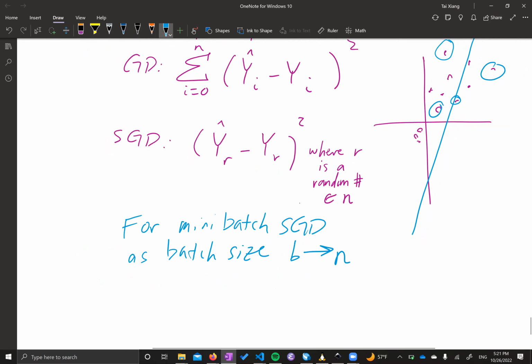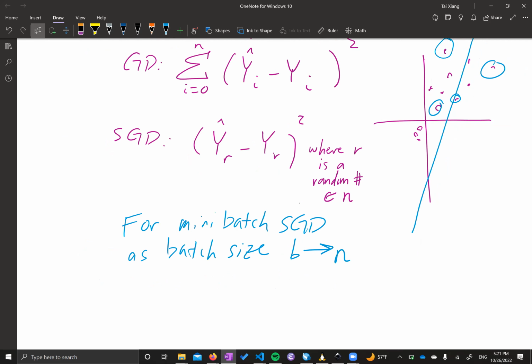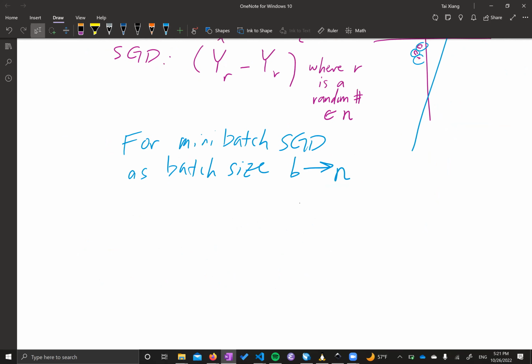Because as our batch size approaches N, we end up looking at all of the data points. So for mini batch SGD, as batch size B goes to N, it just goes to regular gradient descent. And that's the way you can link these two things together.